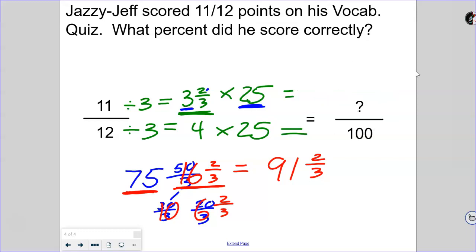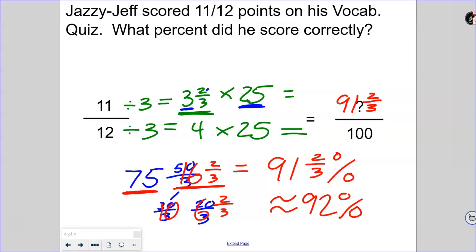We would say, 11 out of 12 is the same thing as 91 2/3 out of 100. So technically, the percentage is 91 2/3%. But you've probably never seen that on a paper because guess what? We round. So if it was 91 2/3%, we would say that the student scored about a 92%.